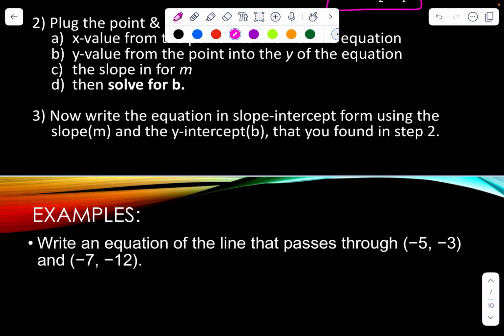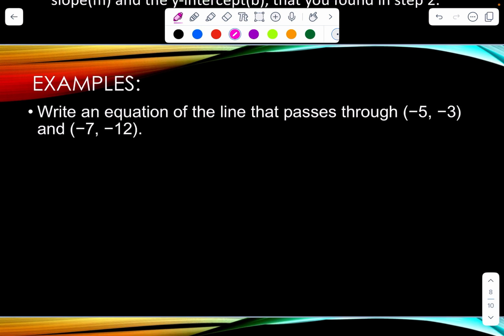Okay? So here we go. I have an equation of the line that passes through these 2 points. So again, I'm going to help you. We're going to circle our y's and underline our x's just to help us make sure we get the right slope. So I'm going to start off. Let's go negative 12 minus negative 3.